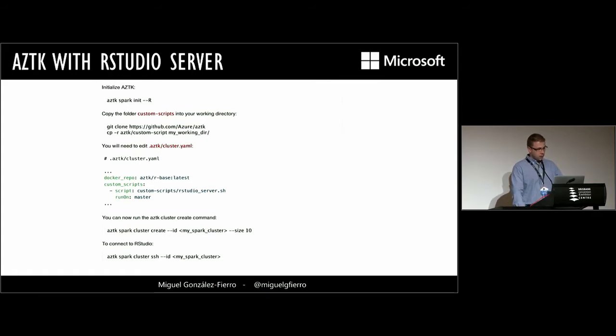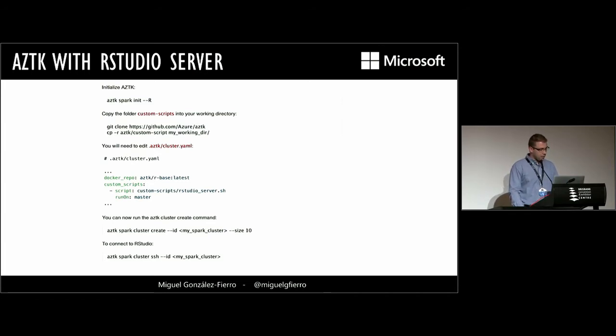And for that, you just initialize the Spark cluster. Specifically, when you initialize with --r, you get all the low-level support for the R language, and you could do the same for Python or Scala or Java.